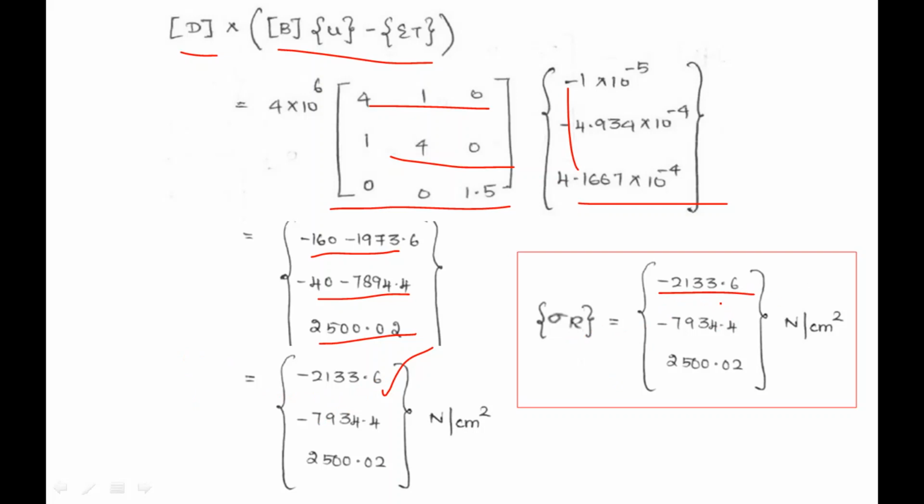This is along the x direction, sigma x, minus 7934.4. This is along the y direction, 2500.02. This is for the shear. Unit for this is Newton per centimeter square, because we are using the centimeter from the starting of this problem. So the unit will be Newton per centimeter square.